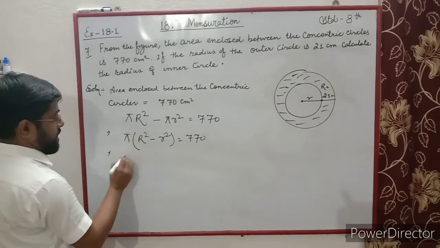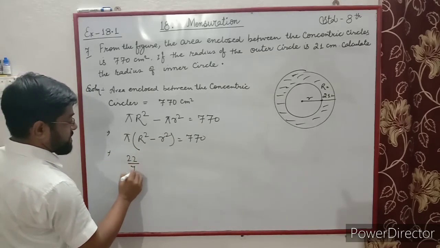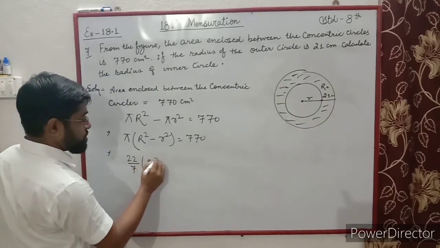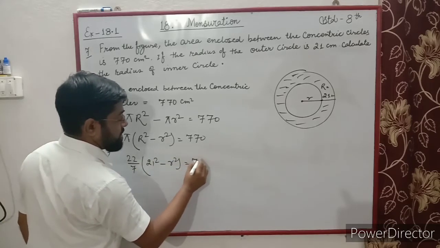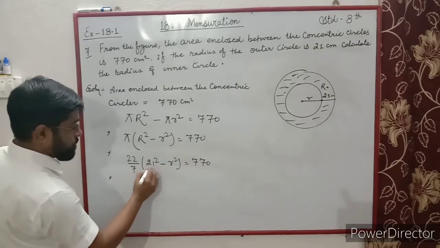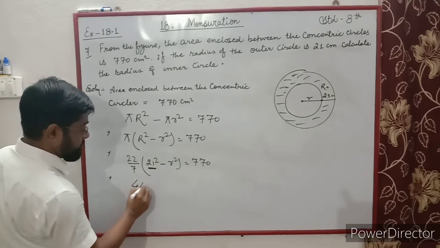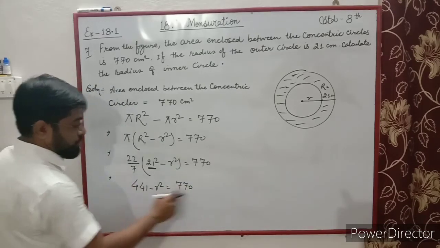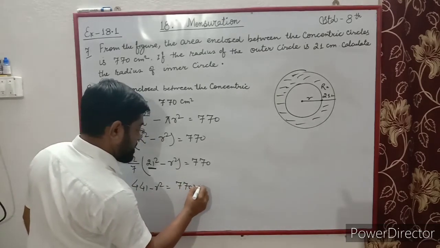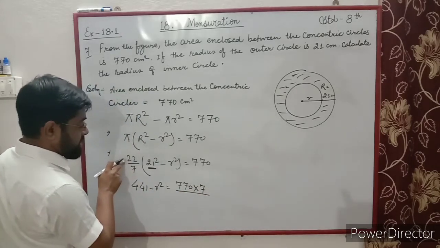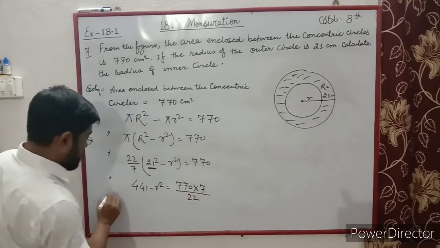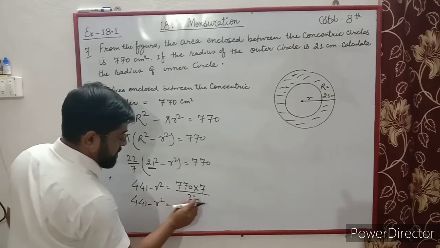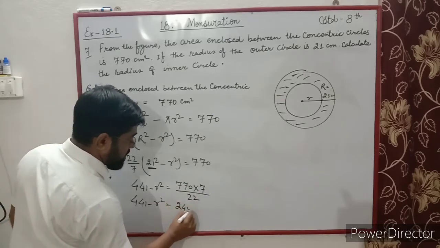Now value of pi is equal to 22 by 7, capital R 21 centimeter, so 21 square minus r square is equal to 770. Now 21 square we can write 441 minus r square, 770. 7 is division here, so it becomes multiplication, and 22 is multiplication here, so go that side, it becomes division. Now after simplification 441 minus r square we have 245.